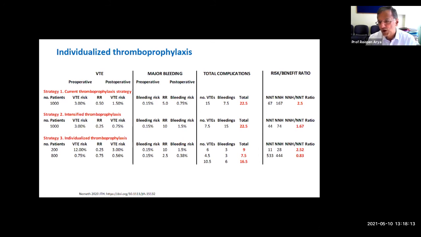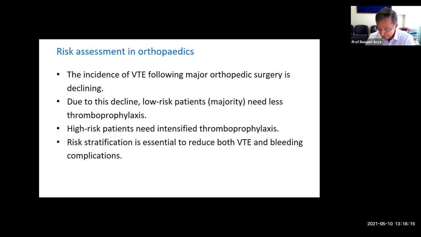So to take this work forward, there's an urgent need for developing a well-performing, validated prediction model, as well as work on what an intensified anticoagulation regimen might look like.